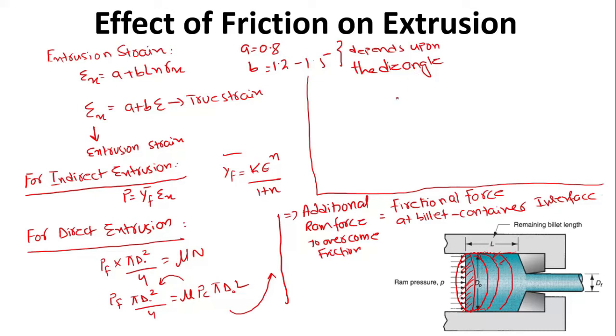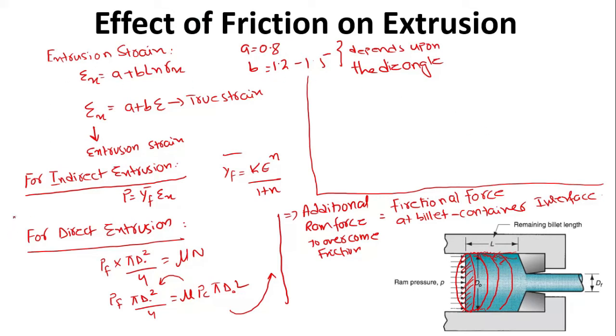If you take this into account, and for the worst case scenario, let's suppose there is so much friction because of the hot working that the material has started to stick to the surface of the container. There's so much friction here. So in that worst case scenario, we will assume that shearing is present at this interface.